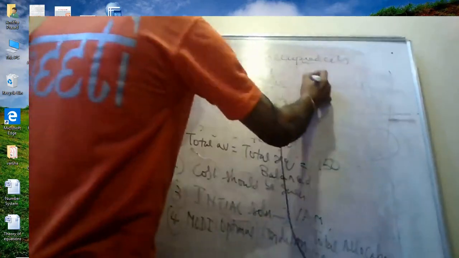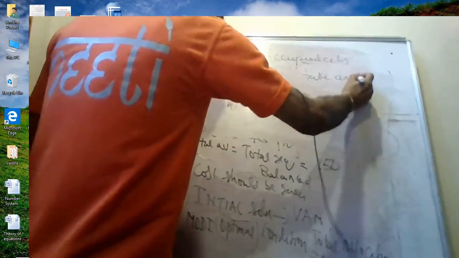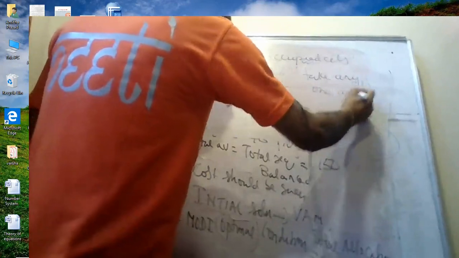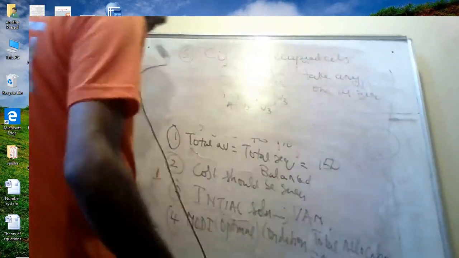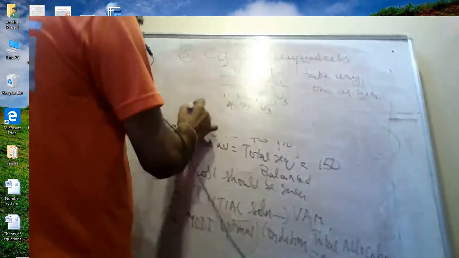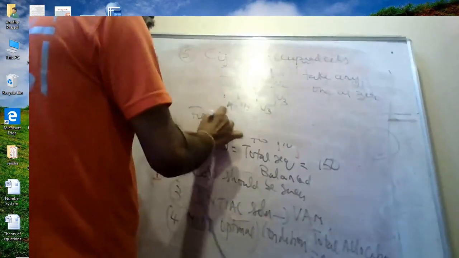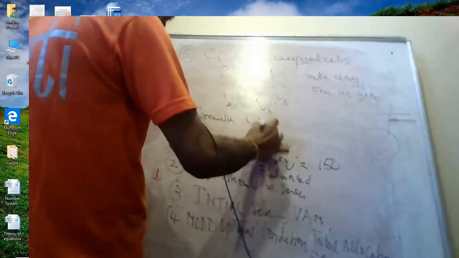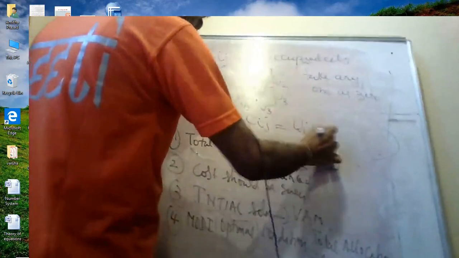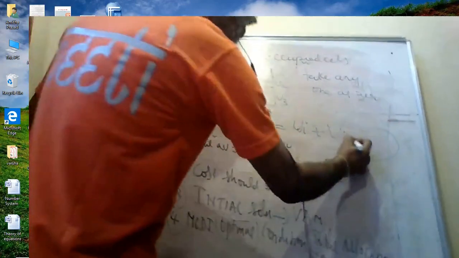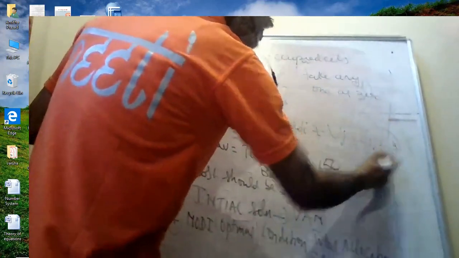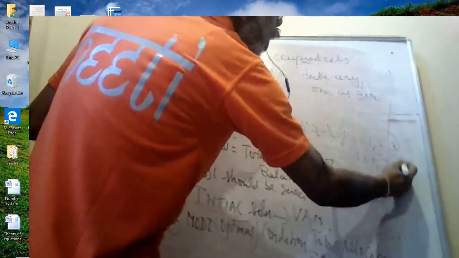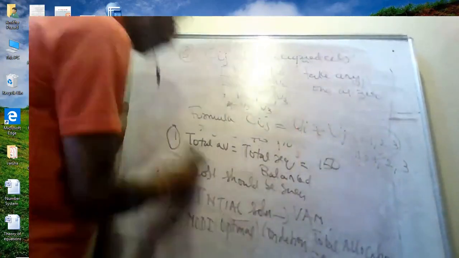So take any one as 0 and the remaining are calculated using the formula Cij equals Ui plus Vj. So i takes the value 1, 2, 3, j takes the value 1, 2, 3.